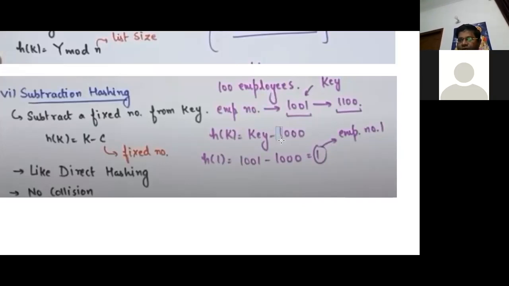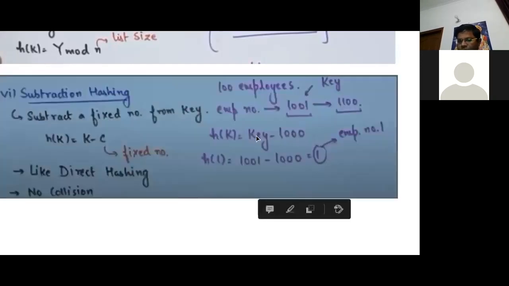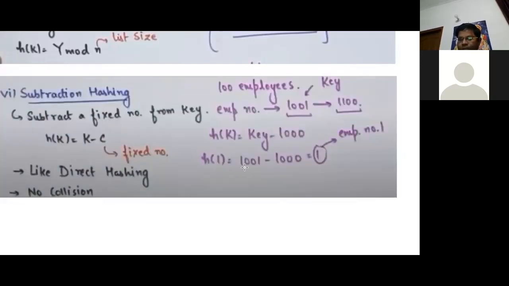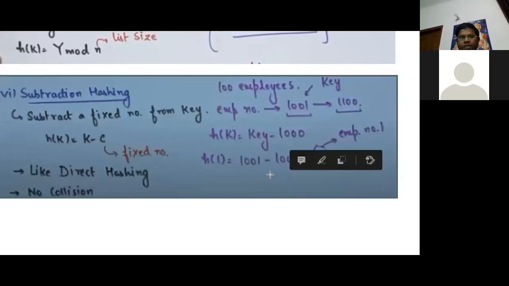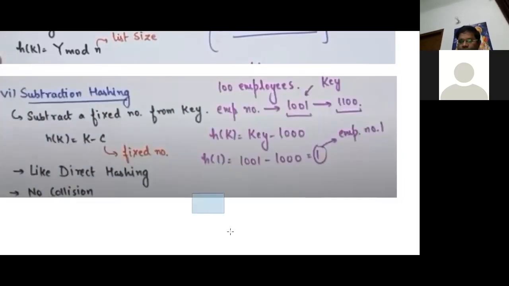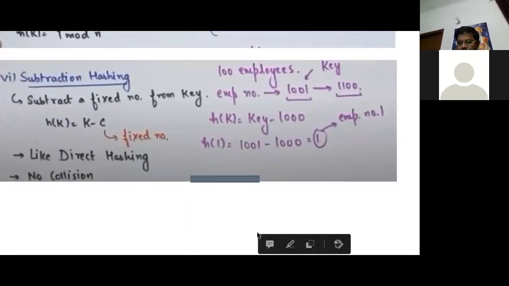So we only have to subtract 1000 from the key value. If we subtract 1001 minus 1000, that will return 1. It means it contains the data of employee number 1. So in this way, subtraction hashing is used in a particular situation.